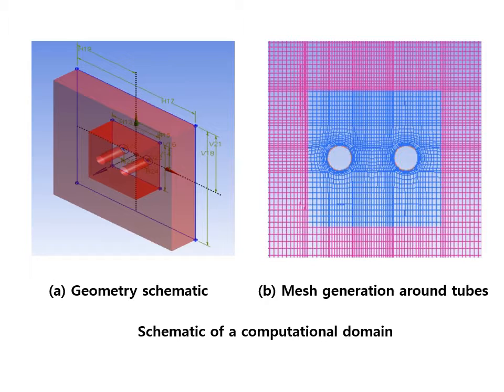Let's see. This is the computational domain over our geometry. You see here, we separated this computational domain from the whole domain, because computing the whole domain takes so long. So we just separated this system from the whole system.